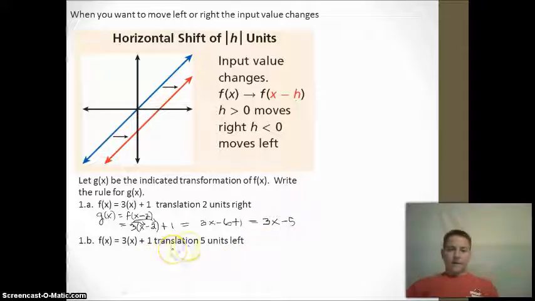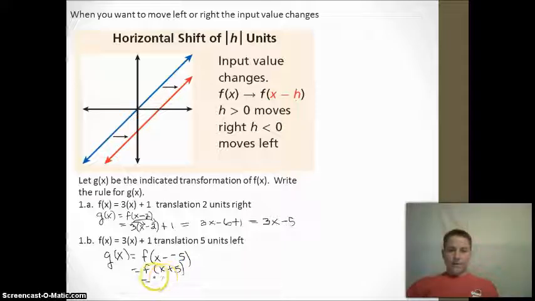This translation wants us to go 5 units to the left. So g of x is our new function, f of x minus negative 5, because 5 units to the left would be negative 5. That's going to end up being f of x plus 5.